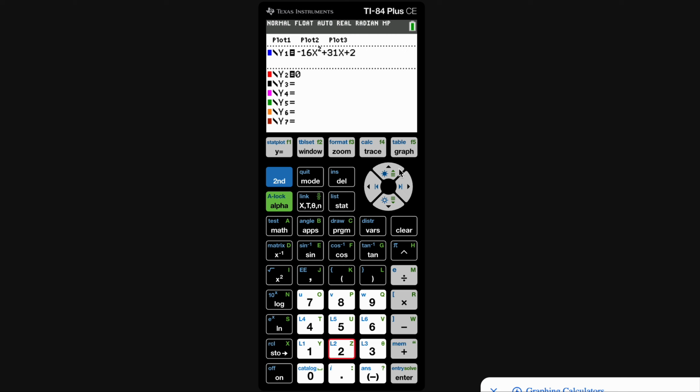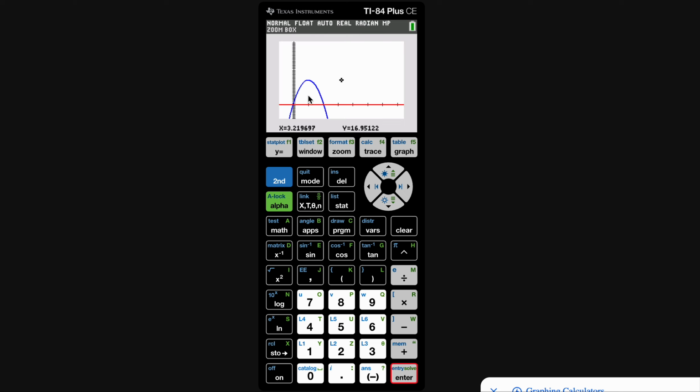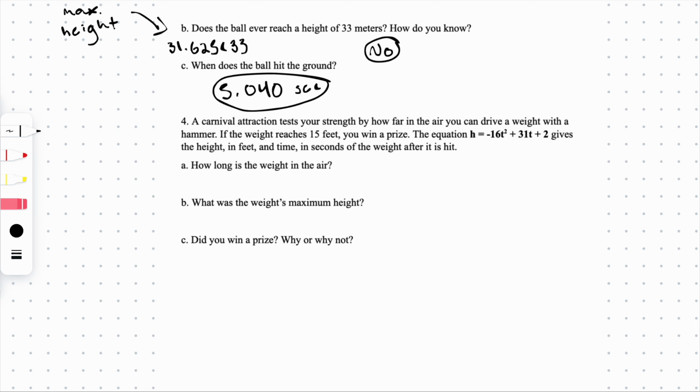Hopefully you're getting a little bit more comfortable with this. And we get our function here. I'm going to zoom in. And this is how we do this. Okay, great.